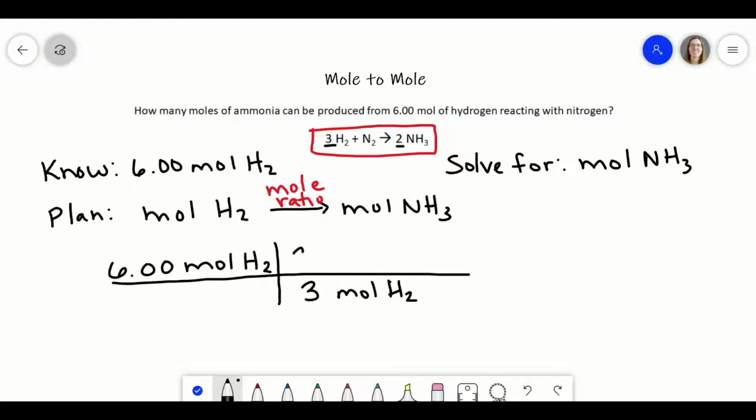So I'm going to put 2 moles of NH3 on top. When I set my problem up like this, my moles of H2 are going to cancel, and I'm going to be left with moles of NH3. Now I'm ready to plug it into my calculator and figure out the answer. And it would come out to be 4.00 moles of NH3.